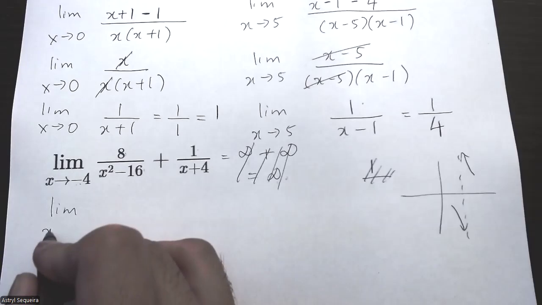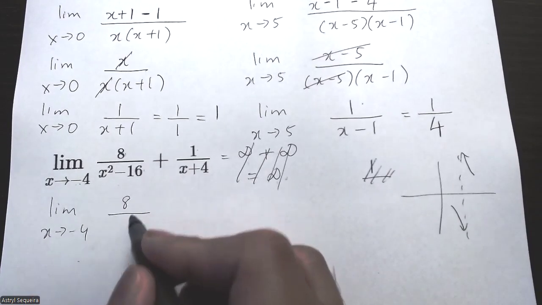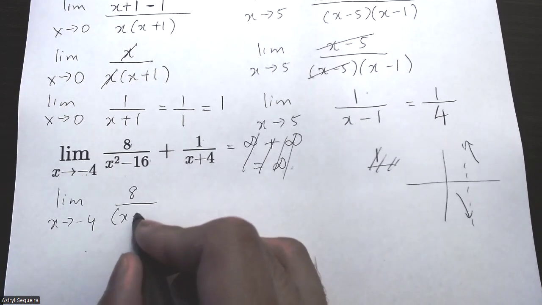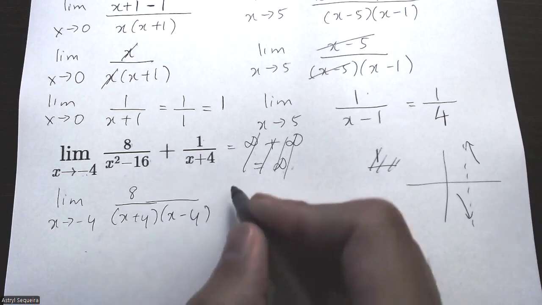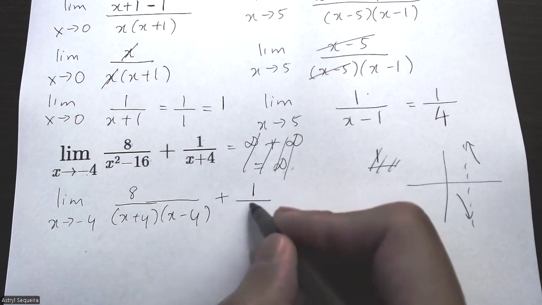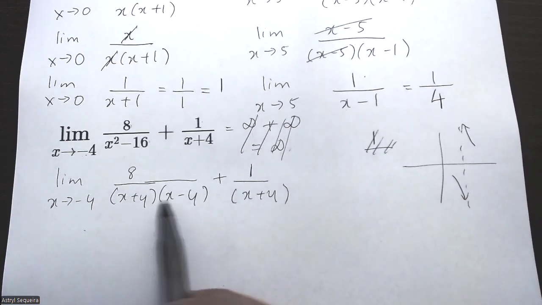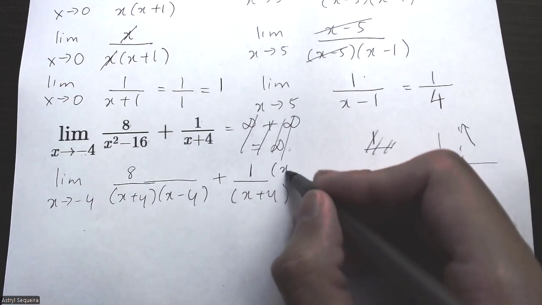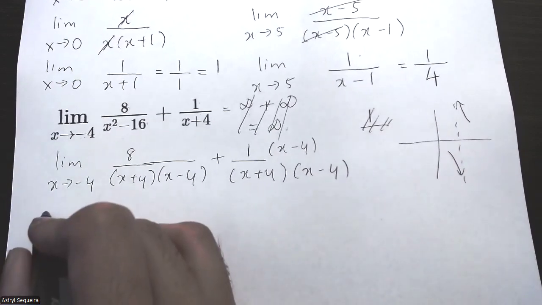So lim x approaches -4. Again, I'll just factor this. So this is just x plus 4, x minus 4, factoring by difference of squares, plus 1 over x plus 4. To make a common denominator, I need to multiply the top and bottom over here by x minus 4.